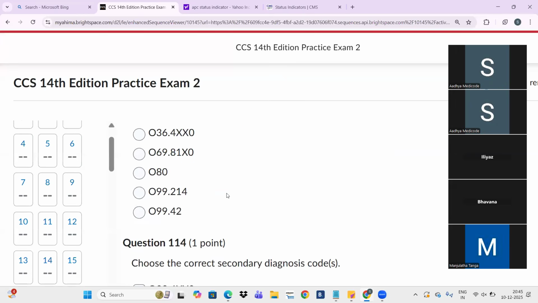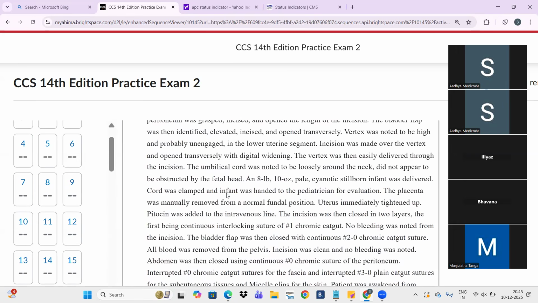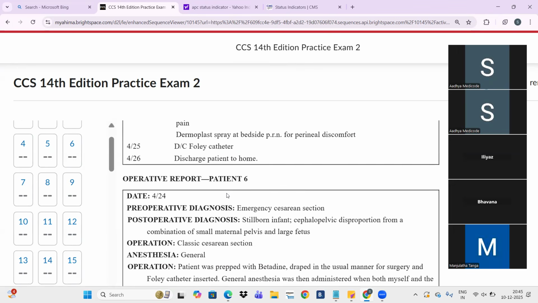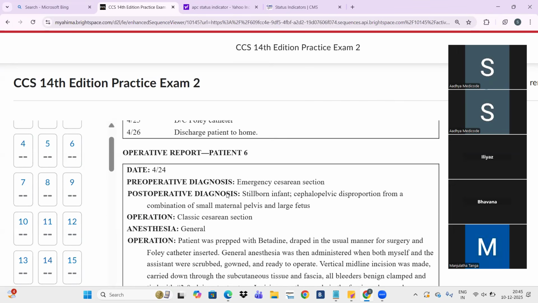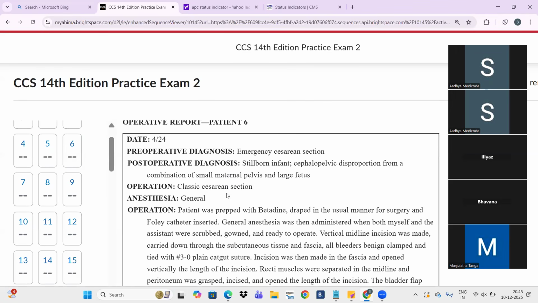Sir, P series? P series stillborn. Yes, sir. Actually here, then cephalopelvic disproportion, you will get the PDX. Cephalopelvic disproportion. P series, we should not code in the mother record, right? Yes, sir. But for stillborn we only have the P series code.